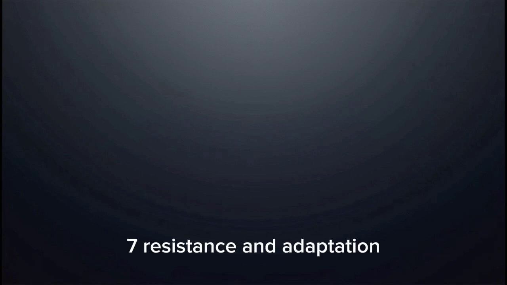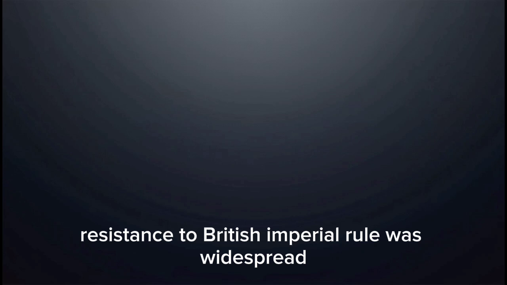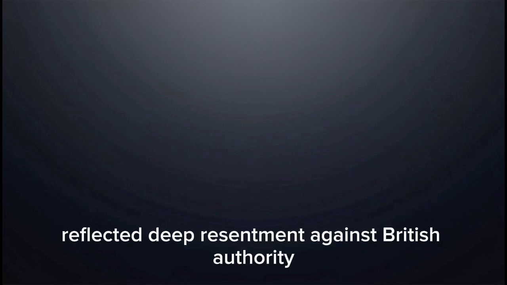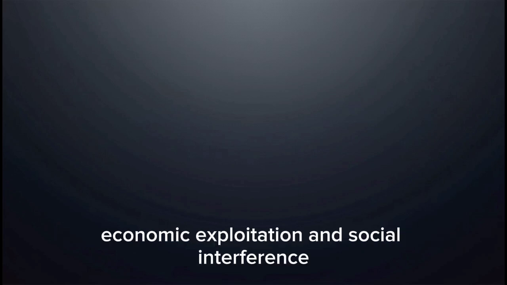7. Resistance and adaptation. Resistance to British imperial rule was widespread and took many forms, from armed rebellion to cultural preservation and intellectual critique. In India, uprisings such as the Rebellion of 1857 reflected deep resentment against British authority, economic exploitation, and social interference.